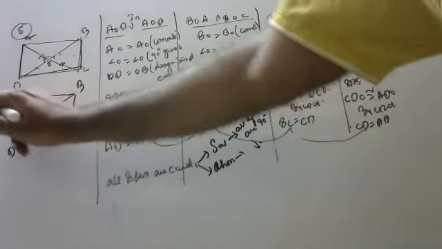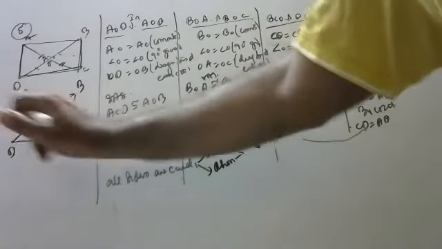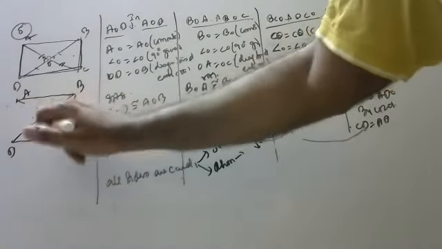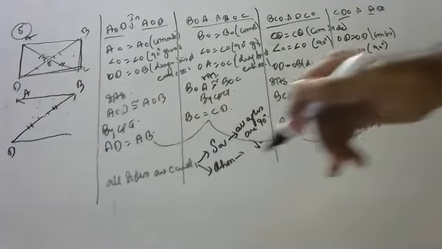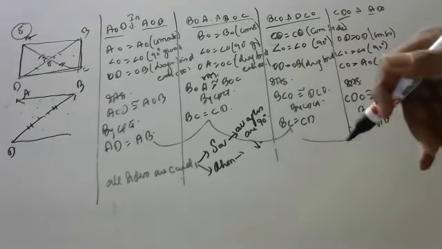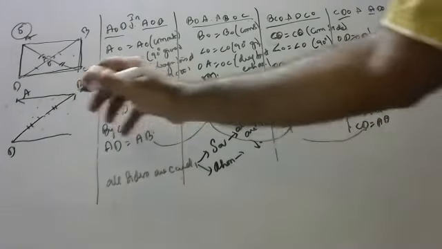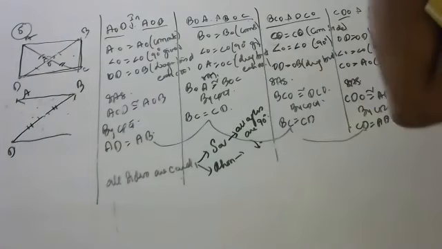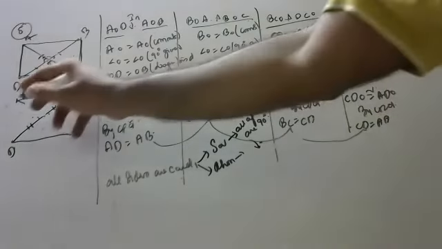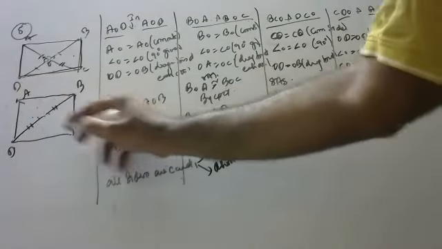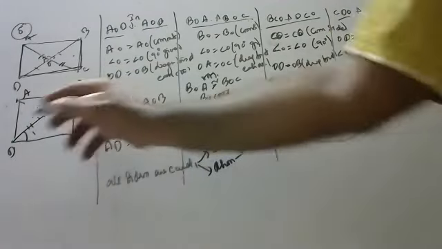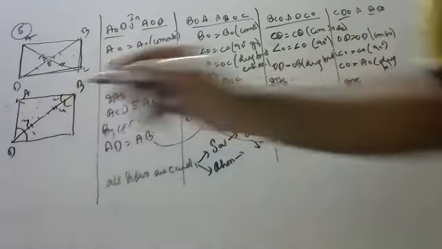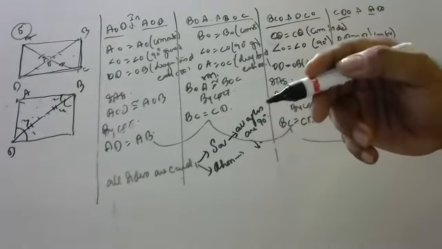Any idea? Anyone? We have to prove 90 degrees, children. If you can't prove 90 degrees, it is difficult. Any idea, children? Easy method. This angle and this angle are equal.